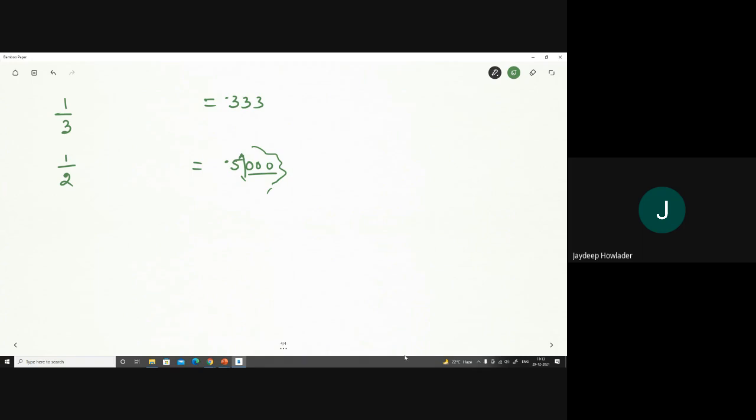Okay? Now think, what is the meaning of this thing. So if we are representing the numbers in the form of like this, then what does the left hand side imply?